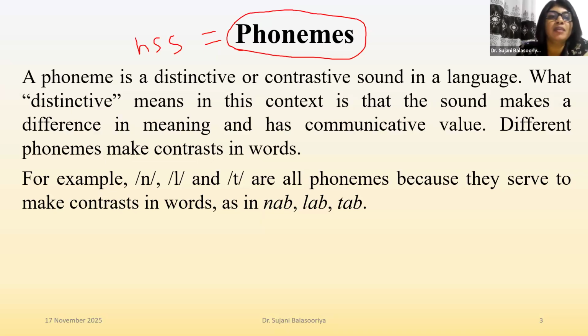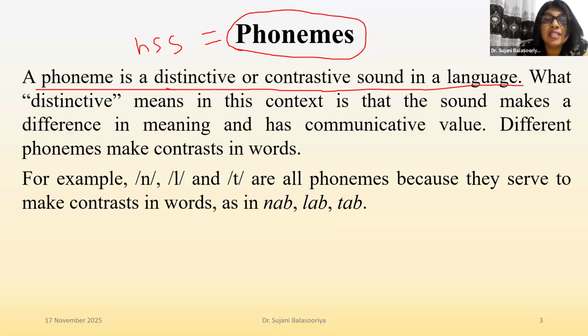So what do you mean by a phoneme? Here you have the answer in the first sentence itself. A phoneme is a distinctive or contrastive sound in a language. Phoneme is also a human speech sound, but it is important here because whenever we talk about phonemes, remember we refer to this quality.